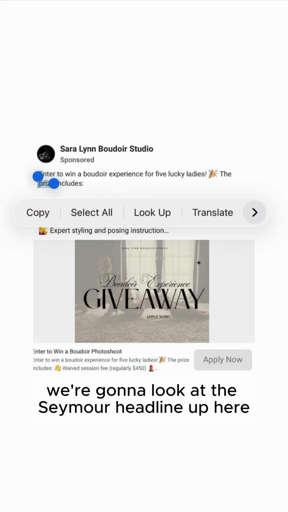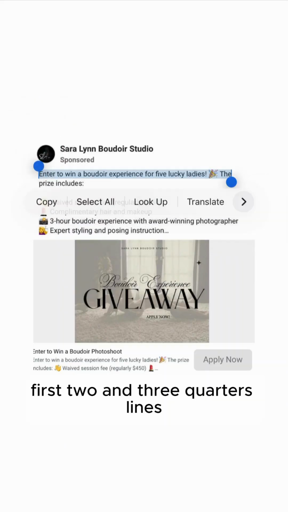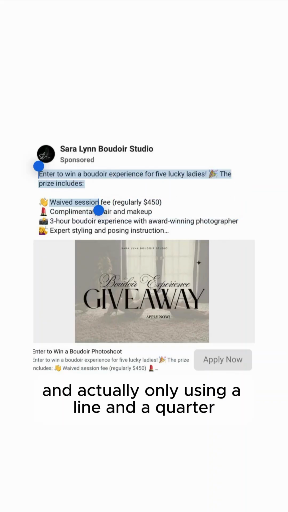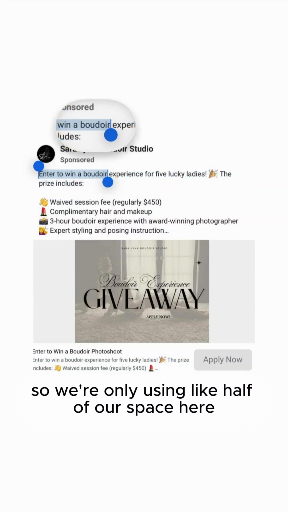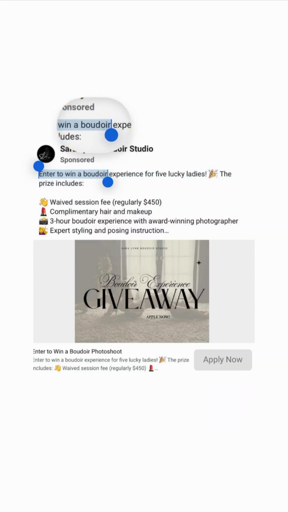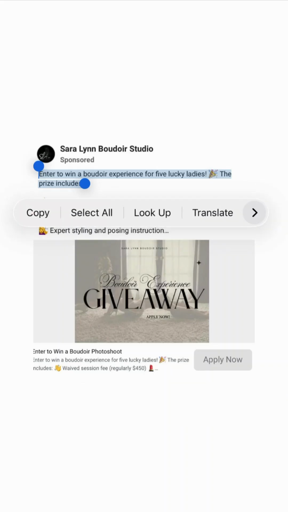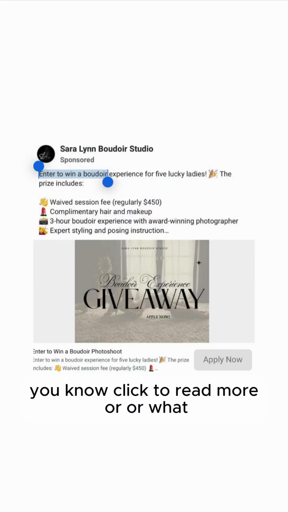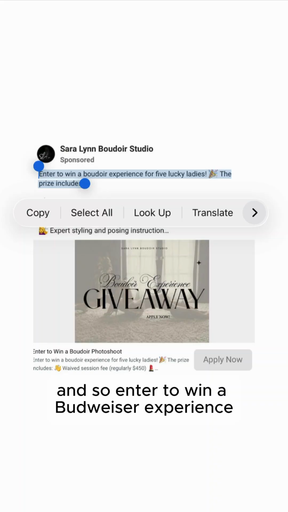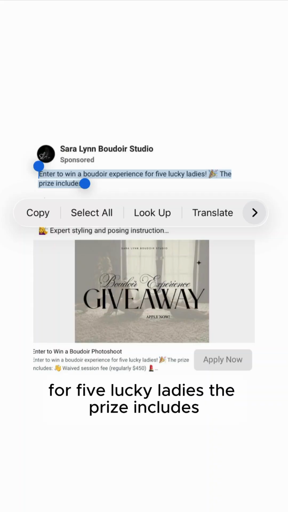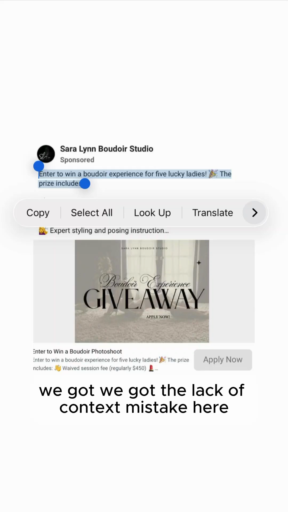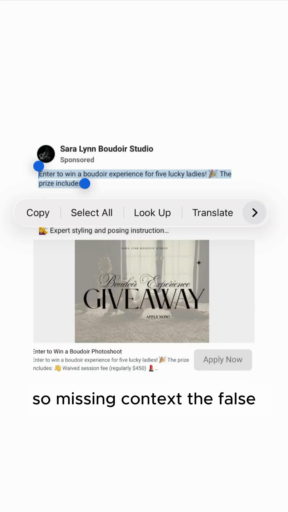Finally, we're gonna look at the See More headline up here. First 2 3/4 lines Facebook mobile news feed, and actually we're only using a line and a quarter, so we're only using like half of our space here to get people to decide whether to click in or not, or click to read more. And so, enter to win a boudoir experience for 5 lucky ladies. The prize includes. All right, so we got the lack of context mistake here. We're missing context.